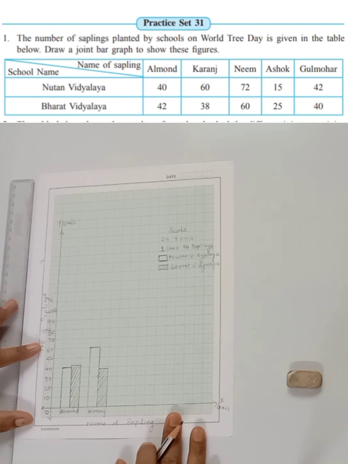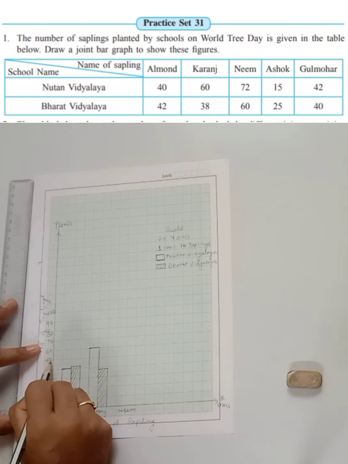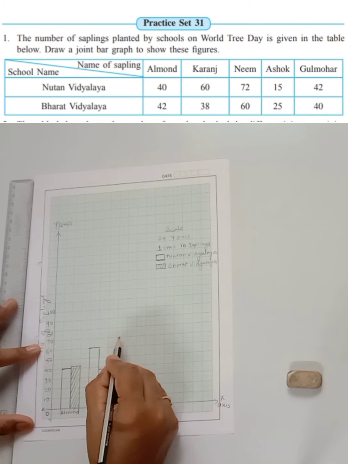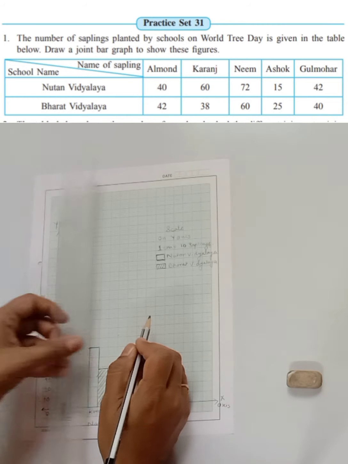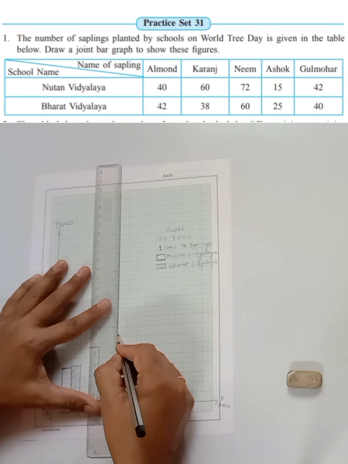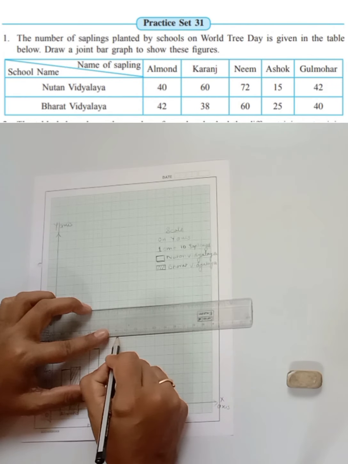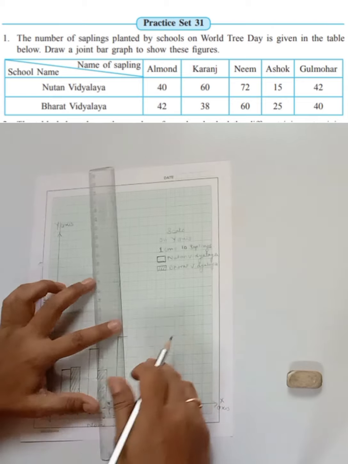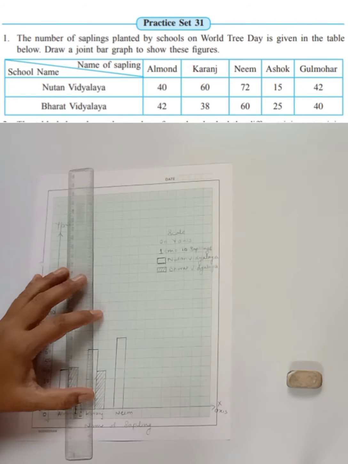Now let us draw for neem trees. Nutan Vidyalaya planted neem trees 72. So 0, 10, 20, up to 50, 60, 70, above 70, 2 lines. Okay. Now draw this. Let us draw this horizontal line. And this. So this is how we have drawn in this column for Nutan Vidyalaya.